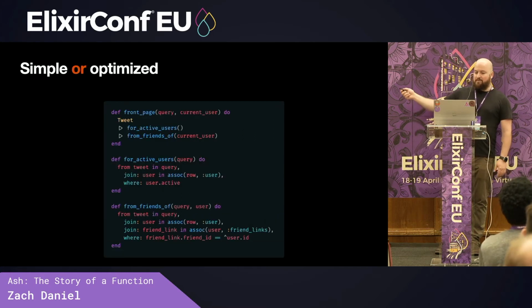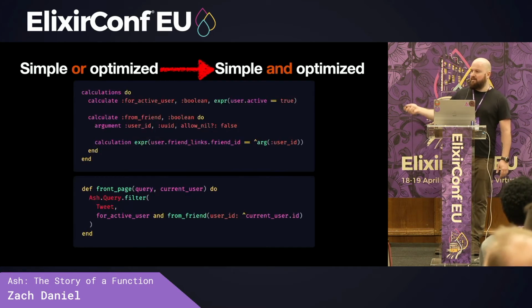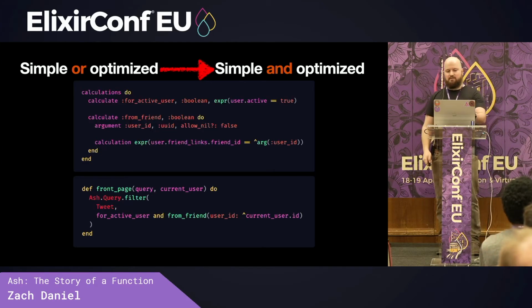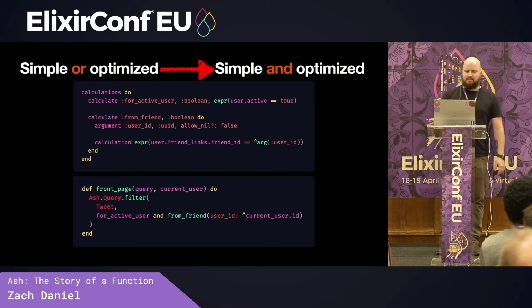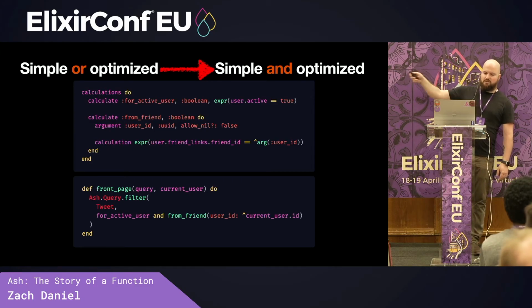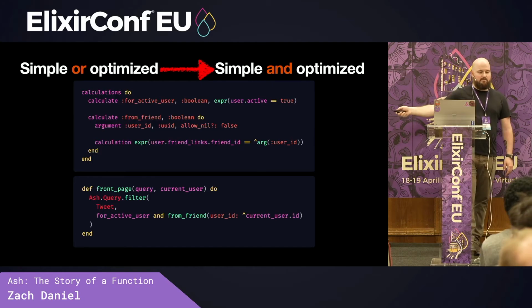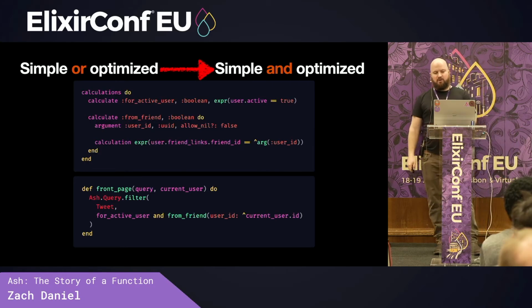So simple or optimized? How about simple and optimized? So these are calculations in Ash. We have a calculation that says, is this for the active user, or for an active user? And we have another calculation that says, is this from a friend of a given user? So these are expression calculations. They can be run in the database. And you can see we can compose them here for active user and from friend.